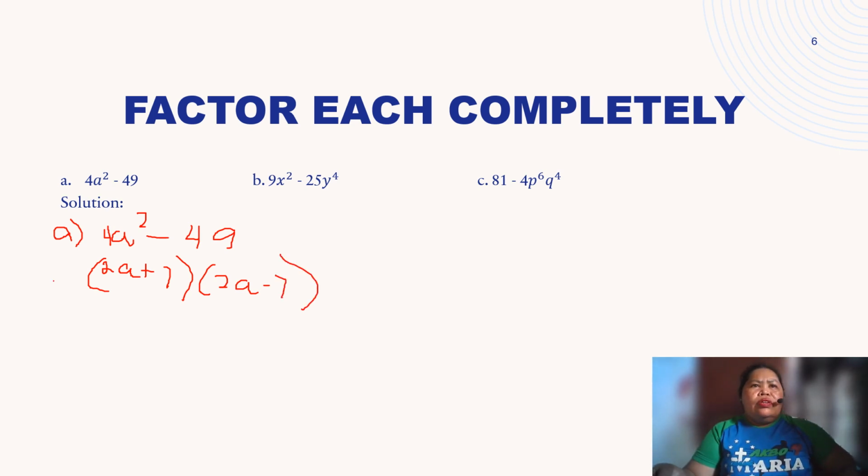As long as they are negative, so these are a difference of two squares. 4 is a perfect square and 49 is a perfect square. Okay, what about the letter B?